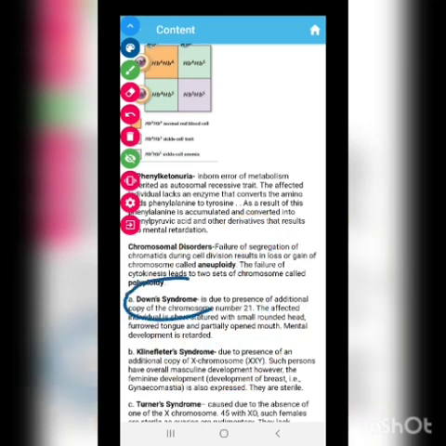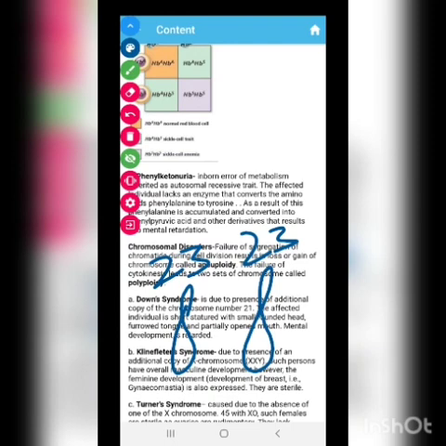Number one, chromosomal disorder: Down's syndrome. In this, there is a trisomy of the 21st chromosome. It is due to the presence of an additional copy of chromosome number 21. You know that there are 23 chromosomes on one side, and 23 chromosomes on the other side, arranged in such a manner: 23rd, 22nd, 21st, 20th, 19th, 18th, 17th, and so on.